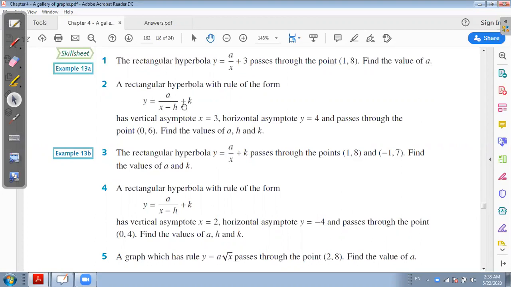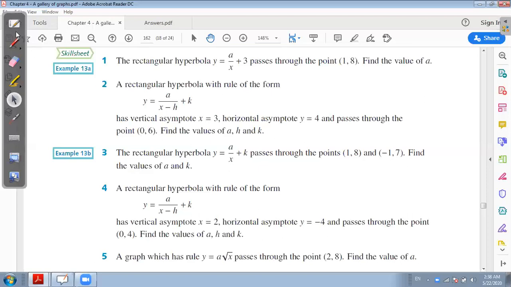In the second part, second and 4, we were doing 4, and second and 4 are exactly equal to each other. See, they have given a vertical asymptote and then a horizontal asymptote and then a point through which the hyperbola passes, 0, 6. So we have to find the value of a, h, and k.